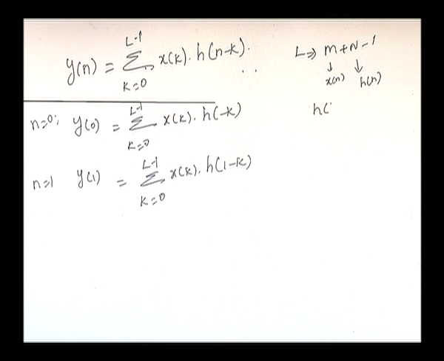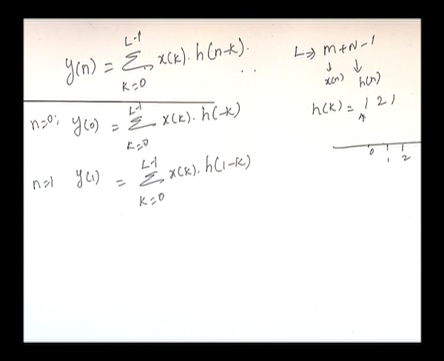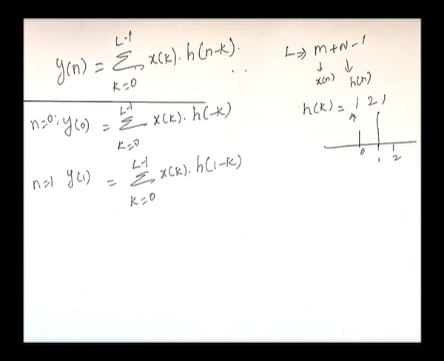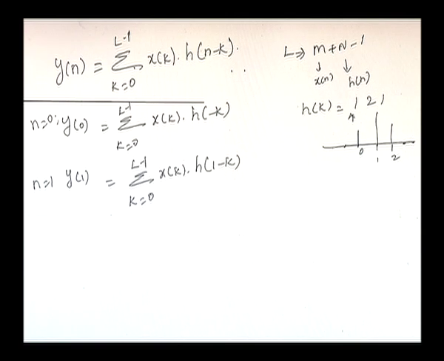Suppose I have h of k values as 1 2 1, right. So, it may be represented like this. This is the point at 0. So, at 0 the magnitude value is 1, at 1 the magnitude value is 2, then at 2 the magnitude value is 1, remaining values are 0. How to generate h of minus k?